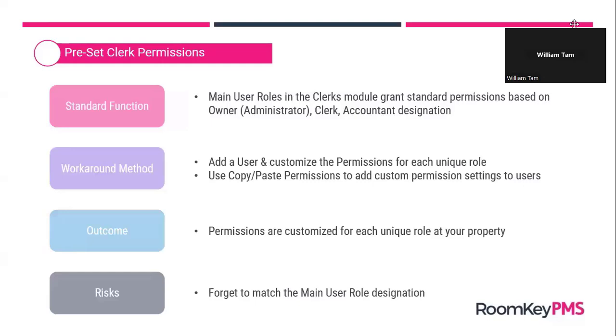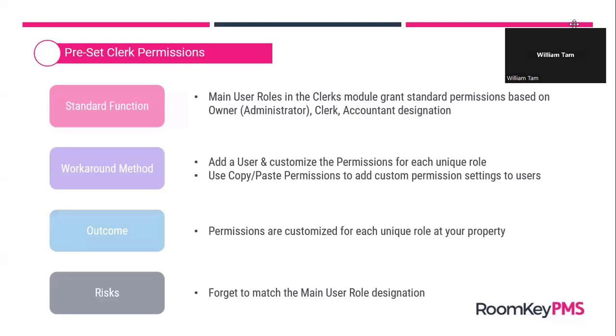Then you can use the copy and paste permissions function to add custom permission settings to each of your users. So for example, if you have a front desk agent and a front desk manager, and those have two different sets of permissions that you would like to standardize for all of your staff, you can use this workaround method to customize and standardize this for your own property.